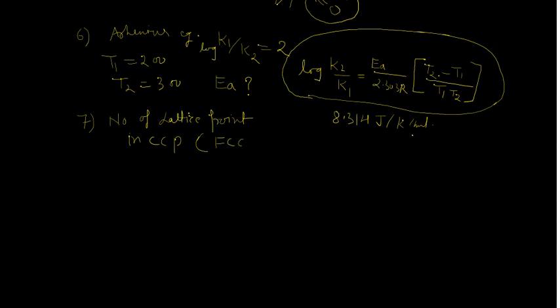When face centered is here, then you will have a total of 14 lattice points. So the answer should be like that, if this option was there and you have marked this one.